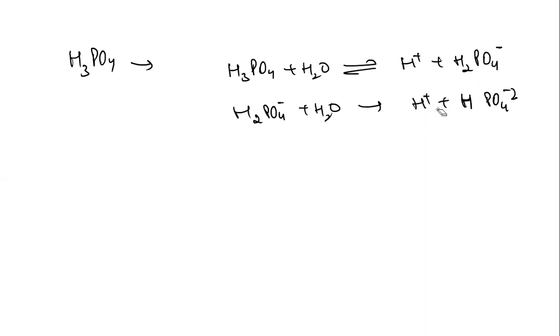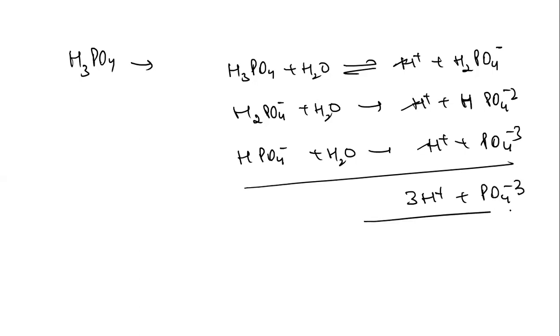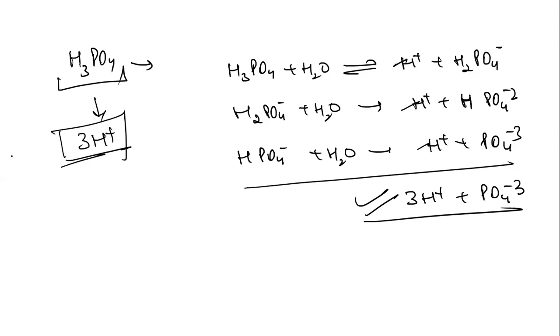Again, one hydrogen is released. And when more water is there, HPO4 minus 2 gives you H positive plus PO4 minus 3. You can clearly see we have 1, 2, and 3 H positive plus PO4 minus 3. So this H3PO4 is going to give you 3 H positive ions. Any doubt?